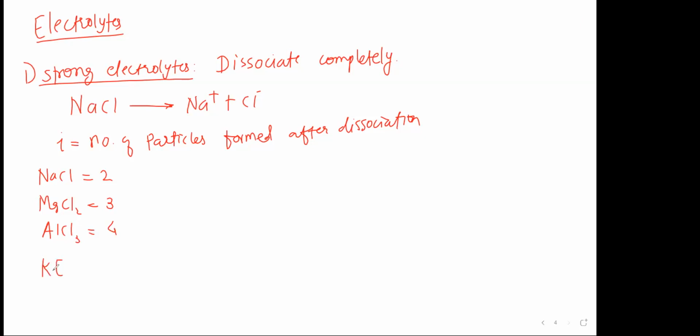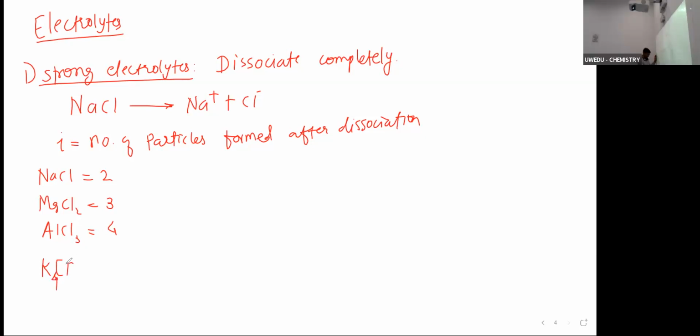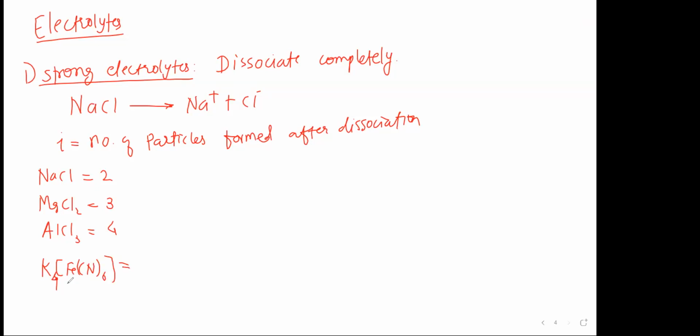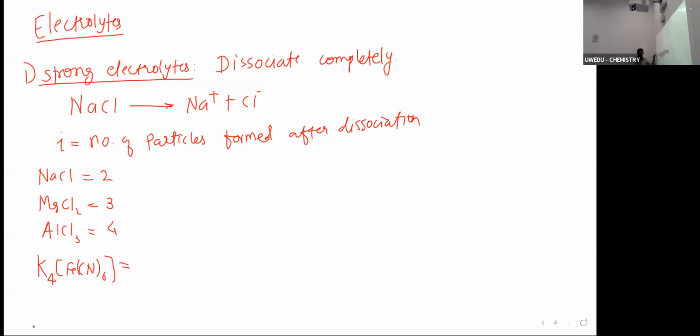K4, 4. Now this is also a strong electrolyte, K4[Fe(CN)6]. What is the i value here? 4 potassium, 1 iron, 6 cyanide. Total 11? Okay.